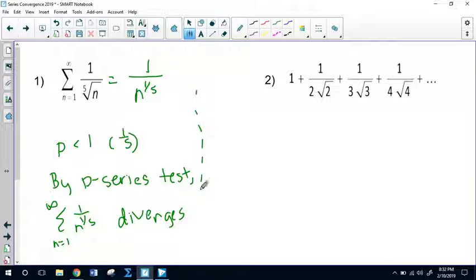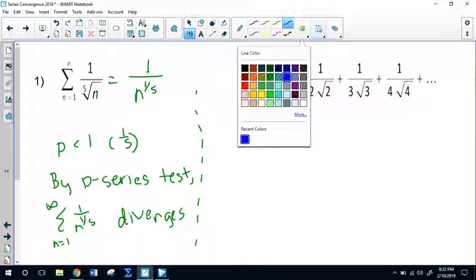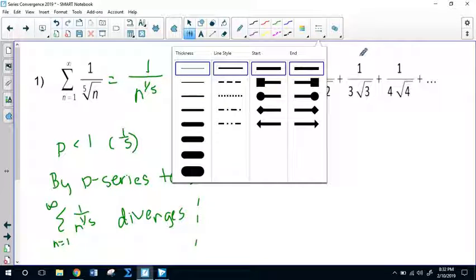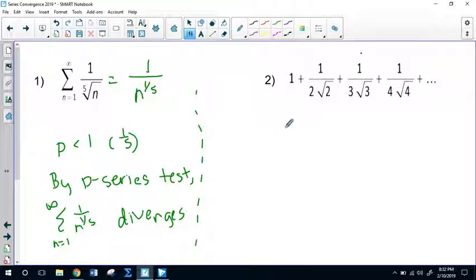All right. Next one. It's not really written in the same manner. So if it helps you, you can rewrite it so it looks like something that you're able to work with. So this is like 2 to the first times 2 to the 1/2, which would be 2 to the 3/2. And we have the same thing here: 3 to the first times 3 to the 1/2 would be 3 to the 3/2, and so forth.